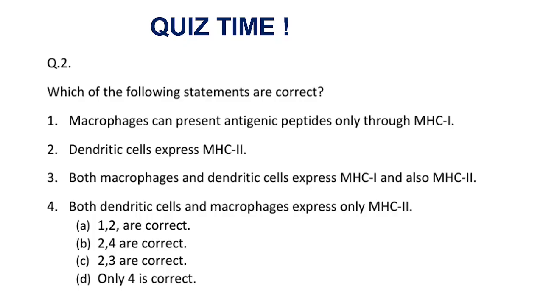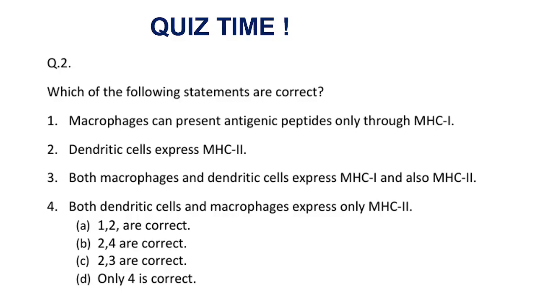Okay, so C, D. The first one is incorrect. Macrophages are APCs. While they do use MHC1, their primary specialized role is to present antigens via MHC2. The next one is correct, which says that they express MHC2.